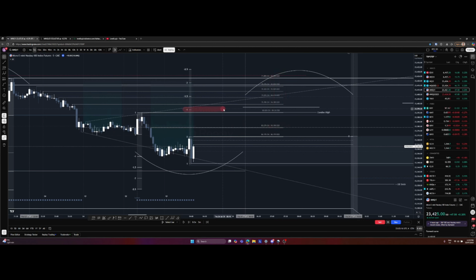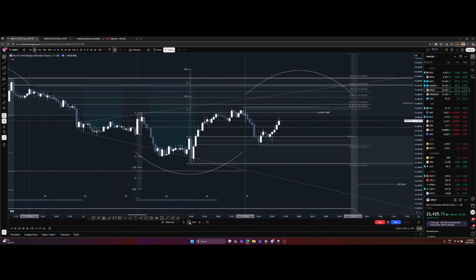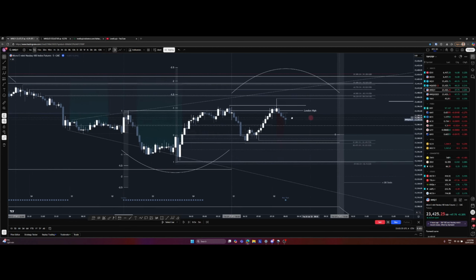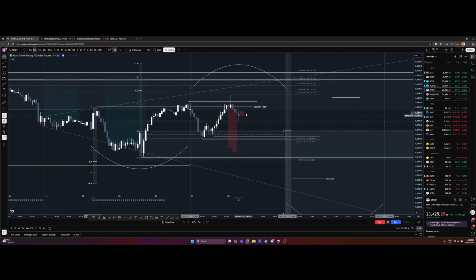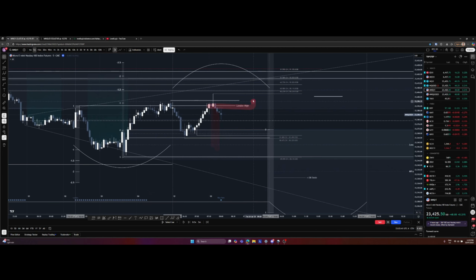And our SD1 here. So price comes out, takes out a heap of the liquidity there, and then switches to red. So we can see the red coming up here now. We've had that swing failure pattern.